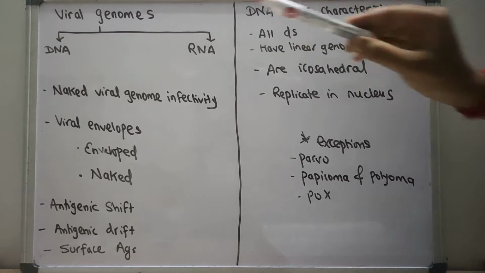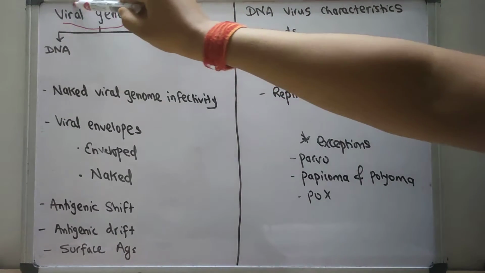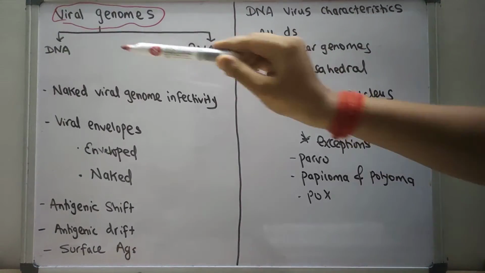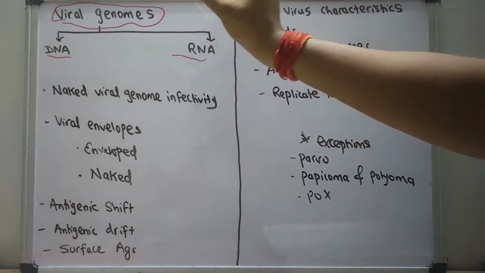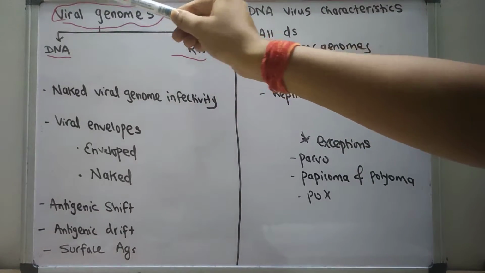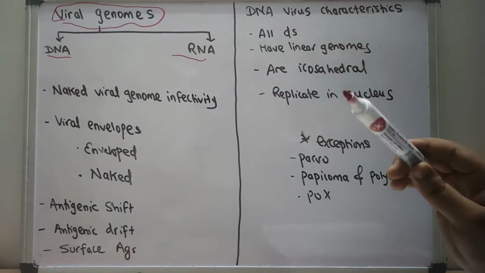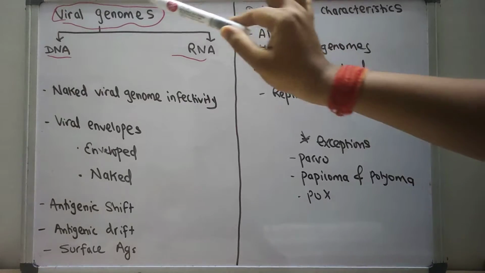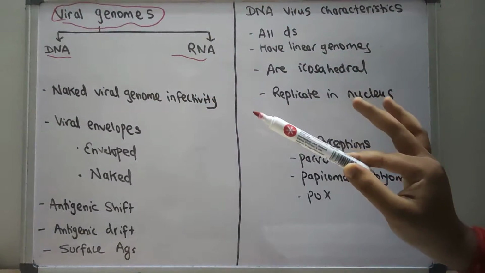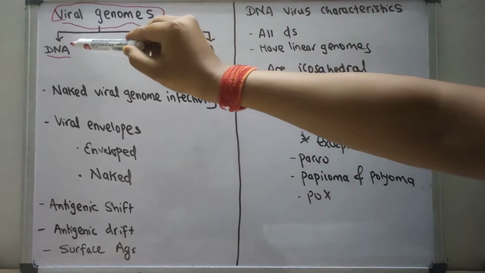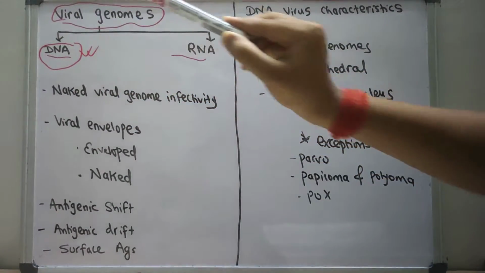The viral genomes are of two types, DNA and RNA. That means a virus has either DNA viral genomes or RNA viral genomes. First of all, let us talk about the DNA viral genomes.